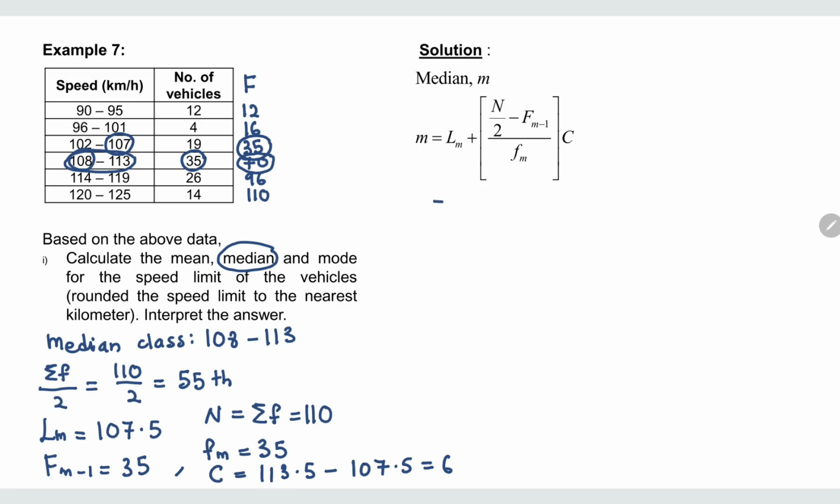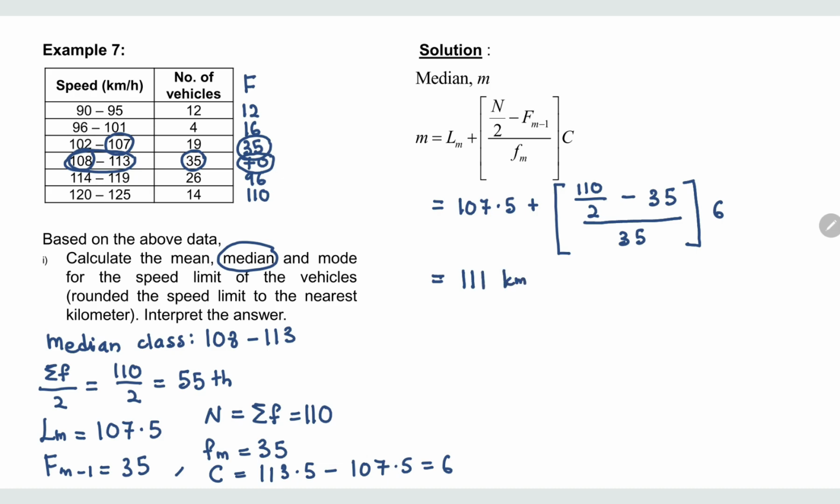Now we can substitute the information we already have into the median formula. The lower boundary is 107.5 plus n, which is 110, divided by 2 minus the cumulative frequency before the median class, 35, divided by the frequency of the median class, 35, times the class size, which is 6. So you will get 111 km per hour after we rounded the speed limit to the nearest kilometer.